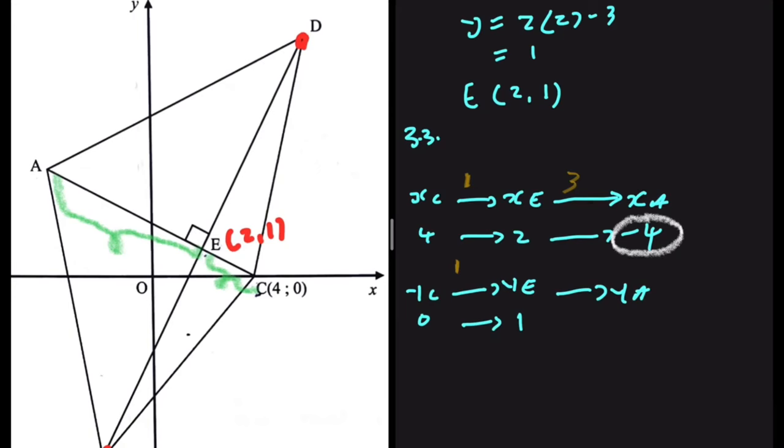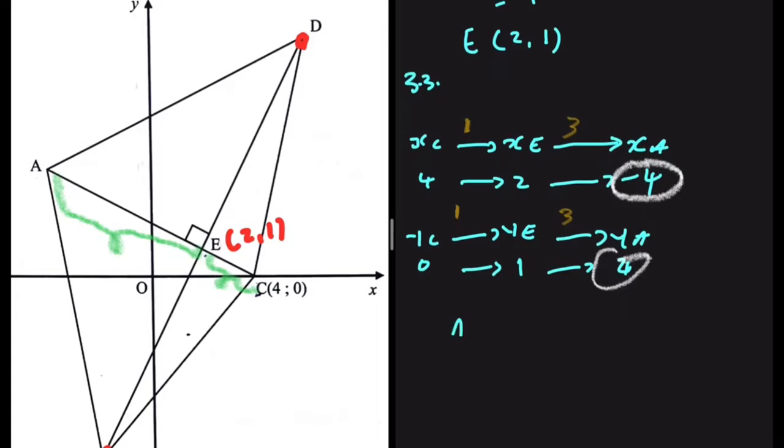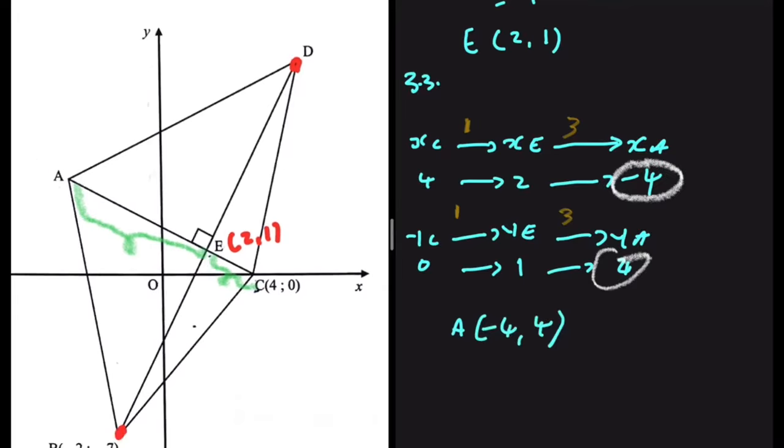So from y of E to y of A, we're going to move 1 multiplied by 3. So that is 1 plus 3, which is equals to 4. So this is the y coordinate of A. So the coordinates of A, we have minus 4 and positive 4. Our answer to 3.3.